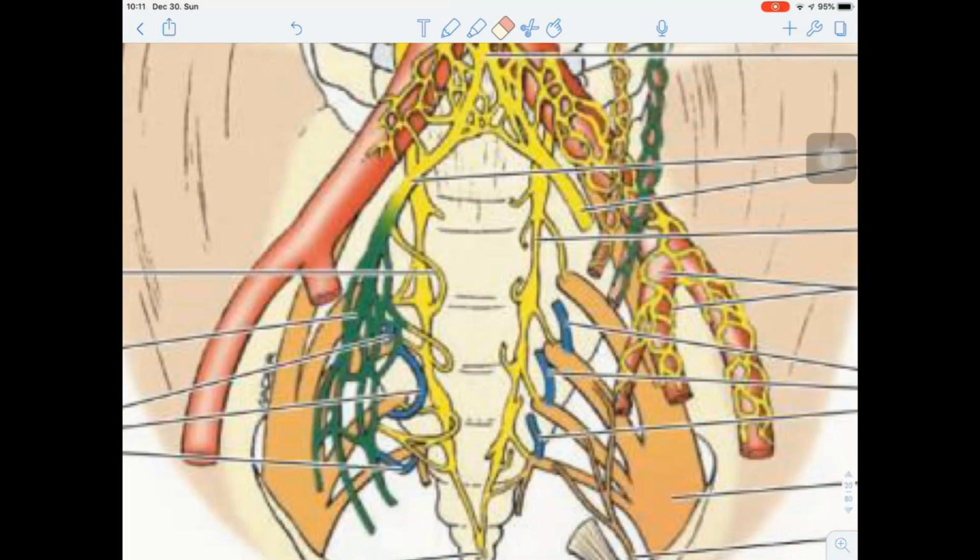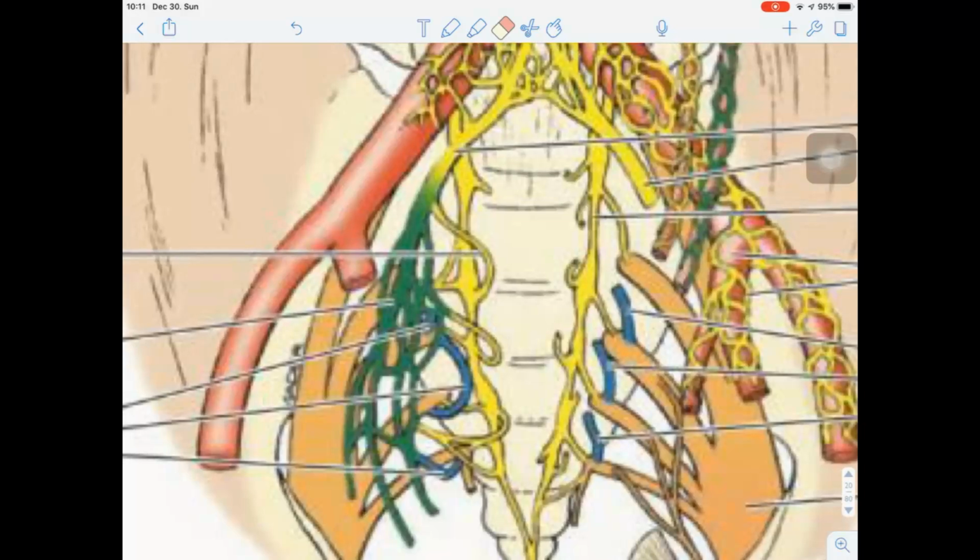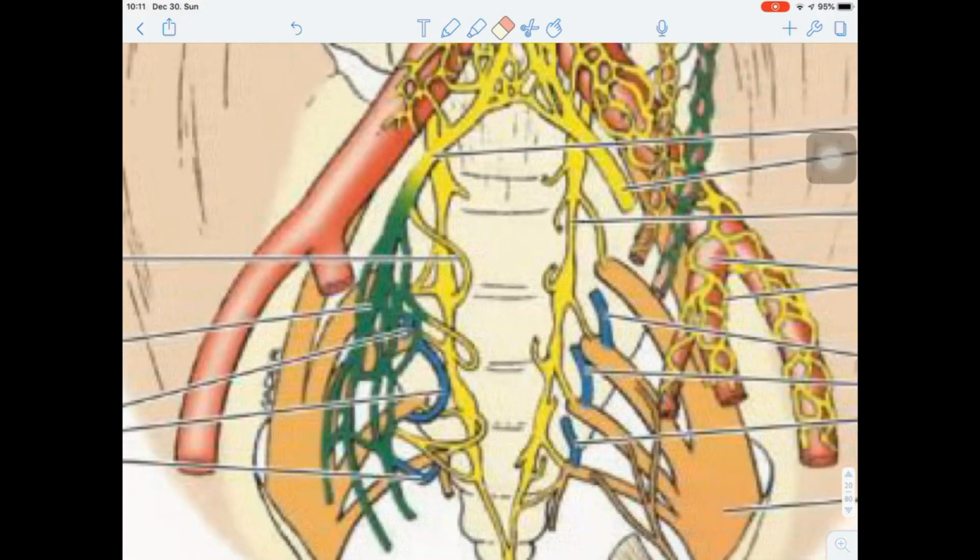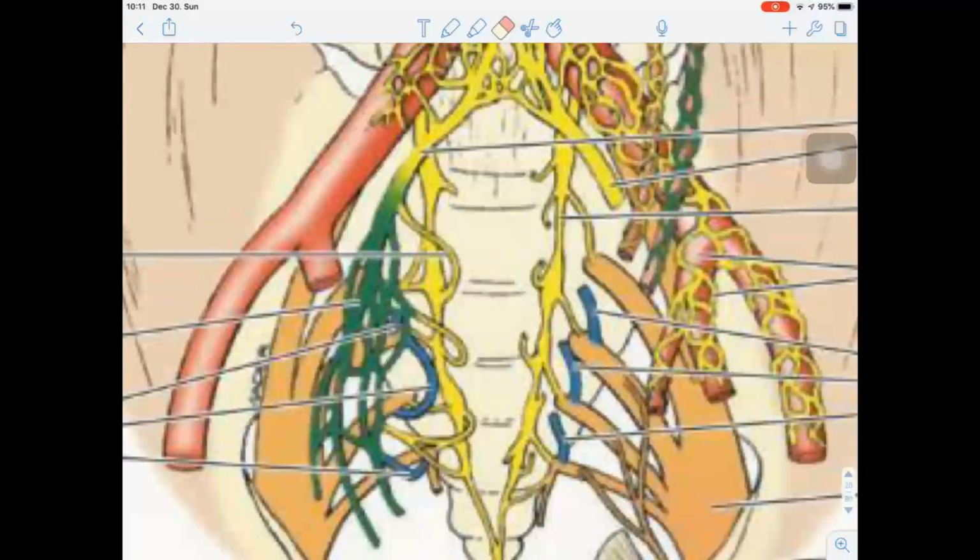And in both cases, they are presynaptic, because all of them are presynaptic. And then here also, there will be some other nerves joining with the inferior hypogastric plexus, sympathetic nerves, still presynaptic, from the sacral segment of the sympathetic trunk. Here's the sacral segment of the sympathetic trunk running down.